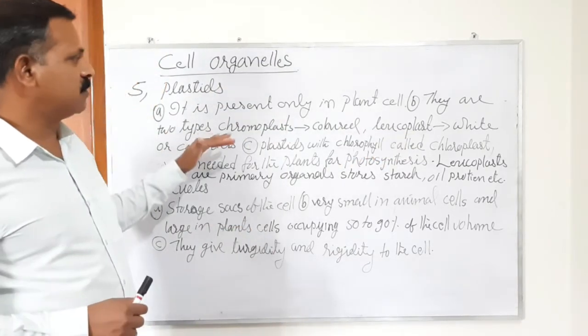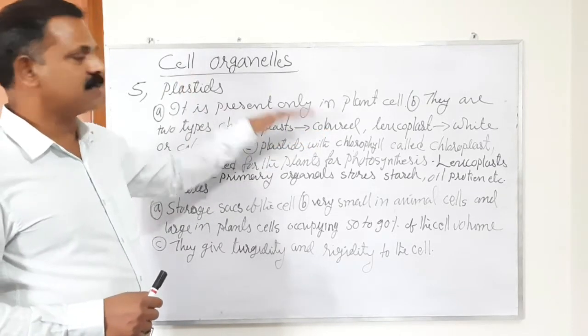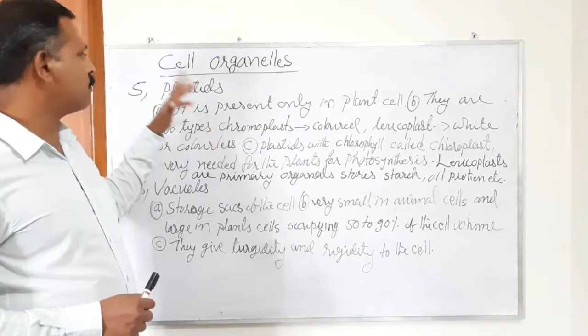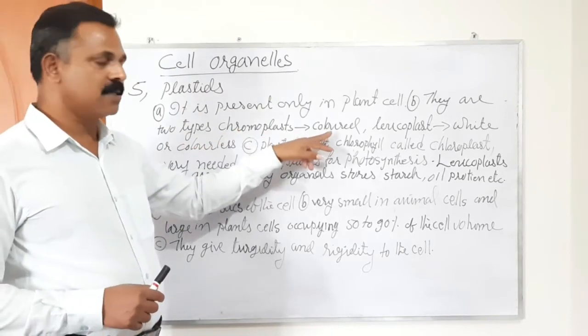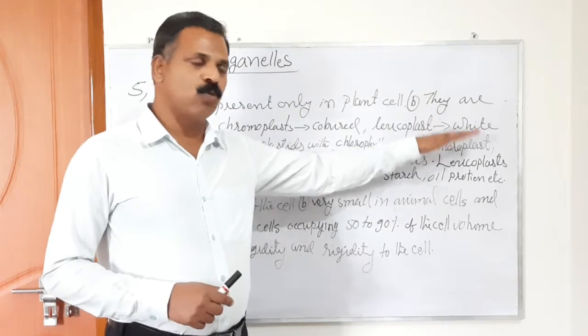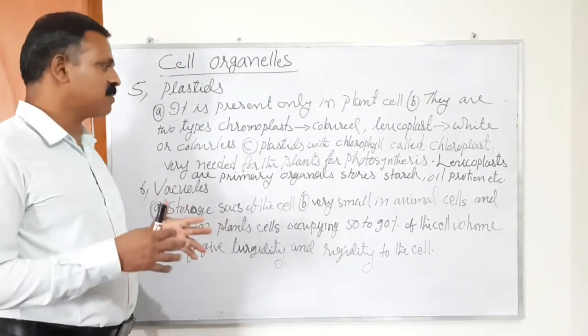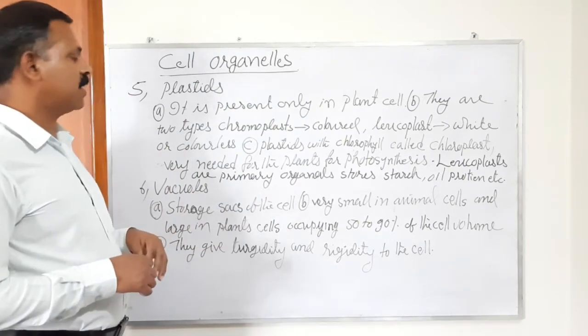What does chromoplast mean? Which has some colored substances. Those plastids are called chromoplasts. And leucoplast means they are either white in color or colorless. This is the main difference between these two types of plastids.